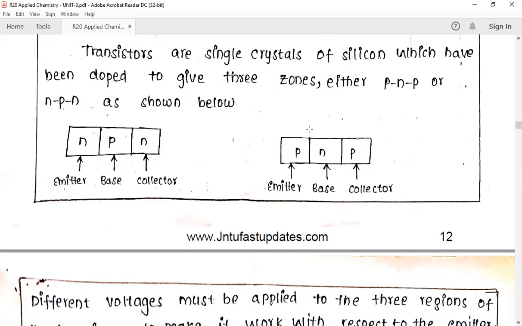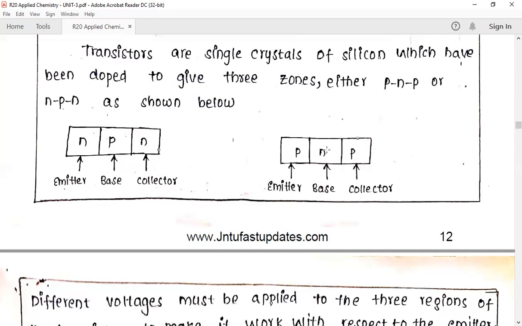As these holes flow towards the N-type base, they try to recombine with the electrons, because the electrons are present in this N-type region. As the base is lightly doped, because it is sandwiched between the two P-type regions, only a few holes recombine with the electrons within the base.